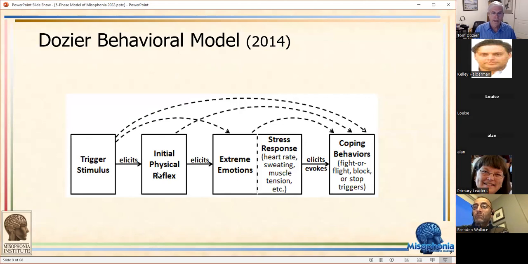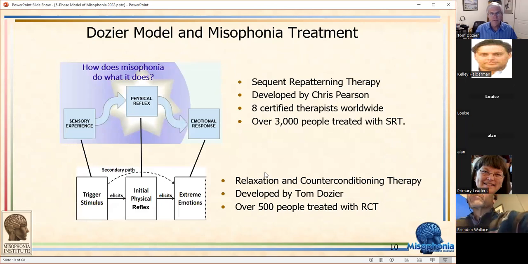Okay, so this physical reflex then triggers the emotions and the distress and the acting out. And so I'll talk about this. This is actually incorporated within the Mitchell-Dozier model. And then here's another similar model, with this physical reflex, which was recognized by Chris Pearson as he developed secret repatterning therapy for misophonia.